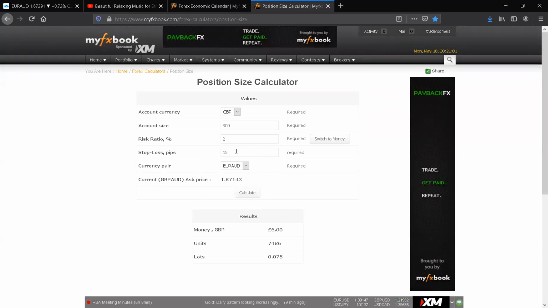And I did hear it from someone. It was someone from what Jenna heard. The smaller the stop, the fatter the lot. So that just means like the smaller the stop loss, the bigger the lot size. So the smaller the stop, the bigger the lot, or the fatter the lot, I think they said.